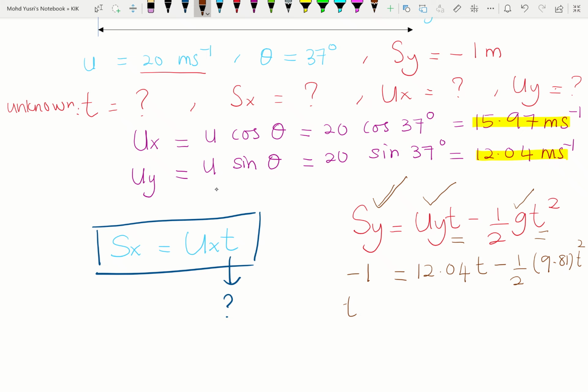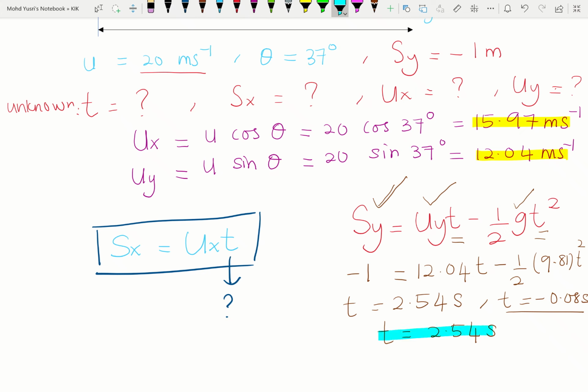You will get t equals 2.54 seconds, and the other value for t is negative 0.08 seconds. Since the second value of t is negative, and time cannot be negative, we just choose t equals 2.54 seconds.